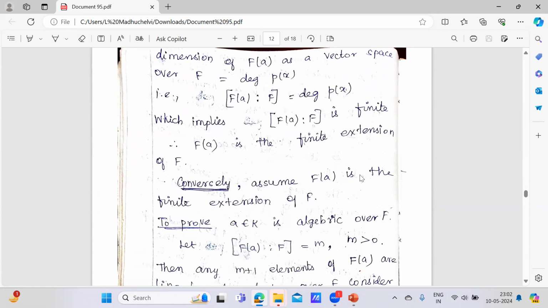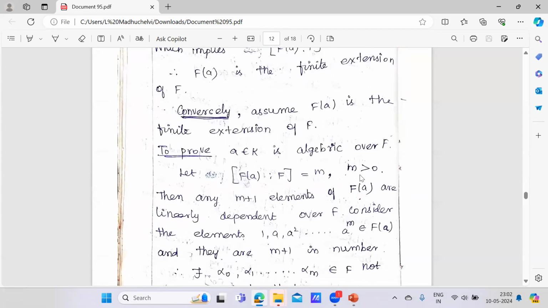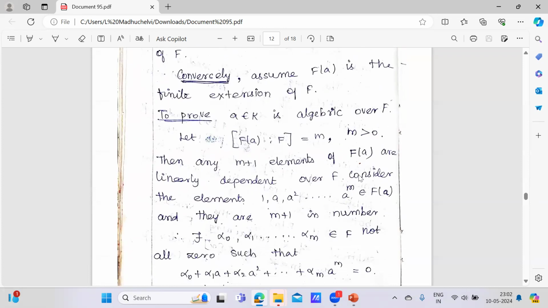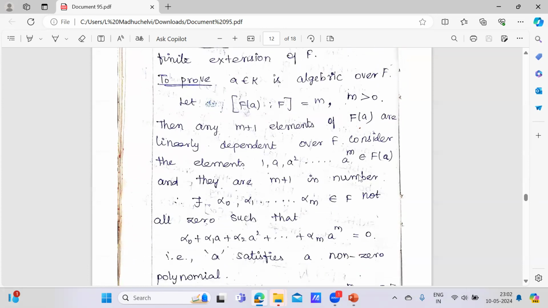Now, let us prove the converse part. Conversely, assume F(a) is a finite extension of F. To prove: a belonging to K is algebraic over F, that is, it satisfies some polynomial over F. Let the degree of F(a) over F equal m greater than 0.